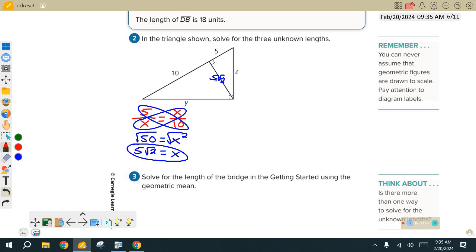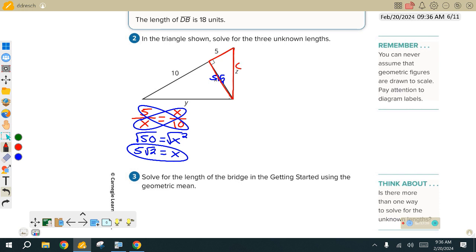So we can use the Pythagorean theorem to set up z and y. Let's go find z. Focus on z. On z, we get ourselves a good old right triangle, don't we? There's the Pythagorean theorem again. Which is your hypotenuse for z, and the 5 and the 5 root 2?